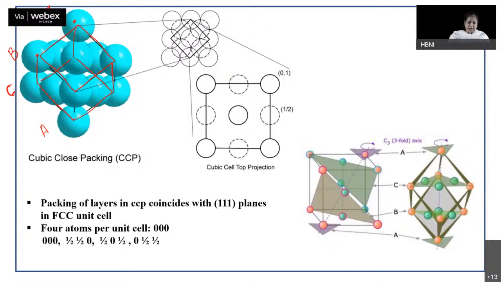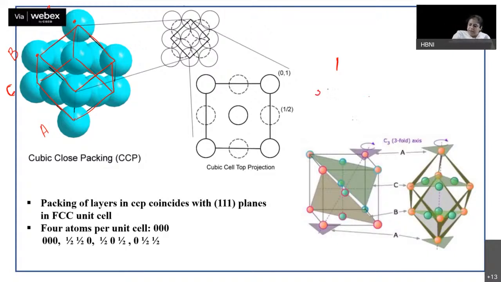And easily all of us know there are 4 in FCC. How many lattice points are there? We have lattice points at the corner of the cube and each corner contributes 1 by 8. So corners contribute 1 lattice point, and there are atoms on the faces of the cube. How many faces do we have?